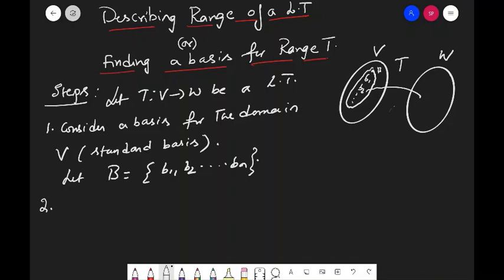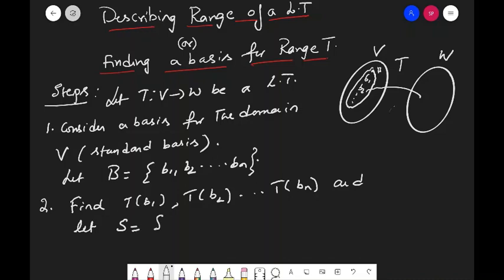In the second step, what you have to do is find, since you are already given a transformation T and b1, b2 are here, T of b1, T of b2 and so on to T of bn, and let S equal the set containing T of b1, T of b2 and so on to T of bn.